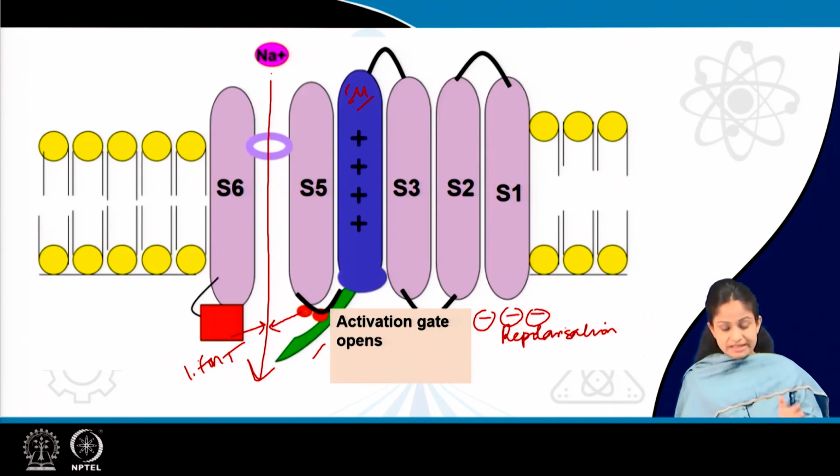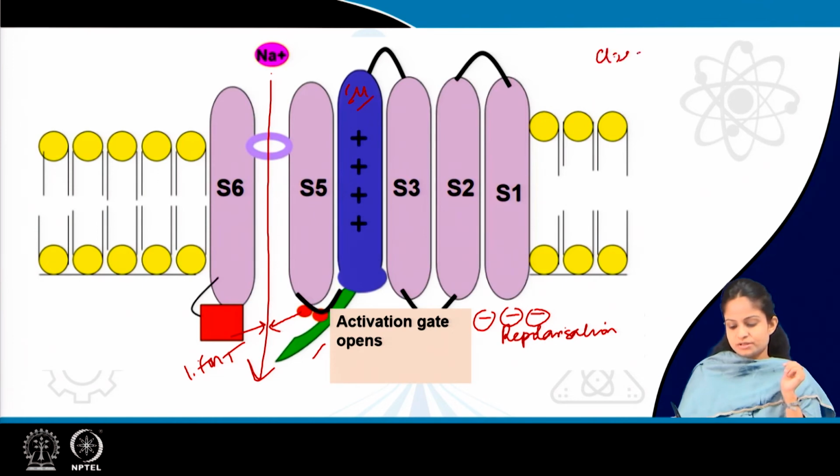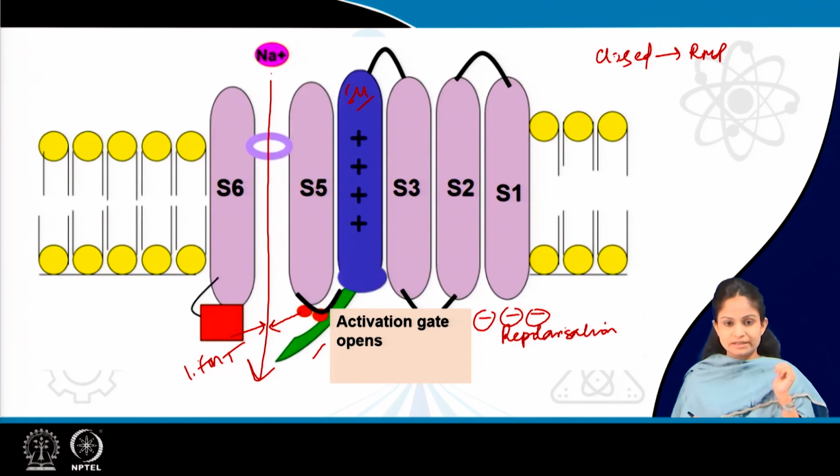Now, whenever I am talking about coming together of these two moieties, this is actually causing the inactivation. So, this you should not confuse. Closed state means this is happening at resting membrane potential.